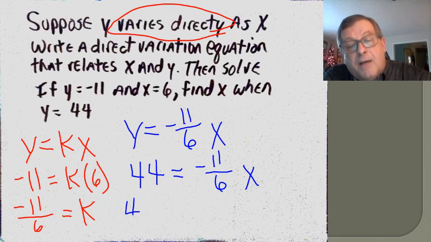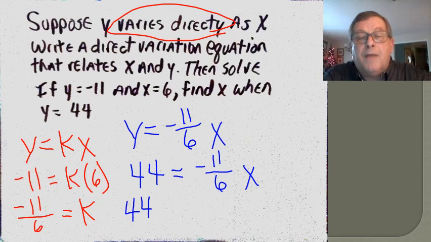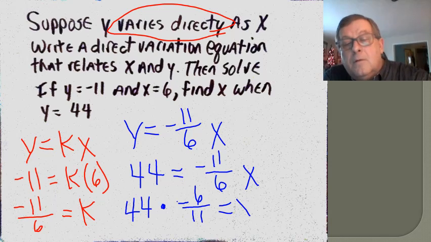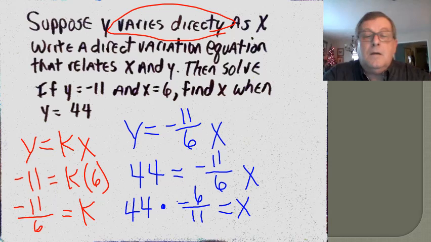Well, if I got a fraction, dividing by that fraction is the same as multiplying by its reciprocal, minus 6 over 11. Dividing by minus 11 over 6 is the same thing as multiplying by minus 6 over 11.